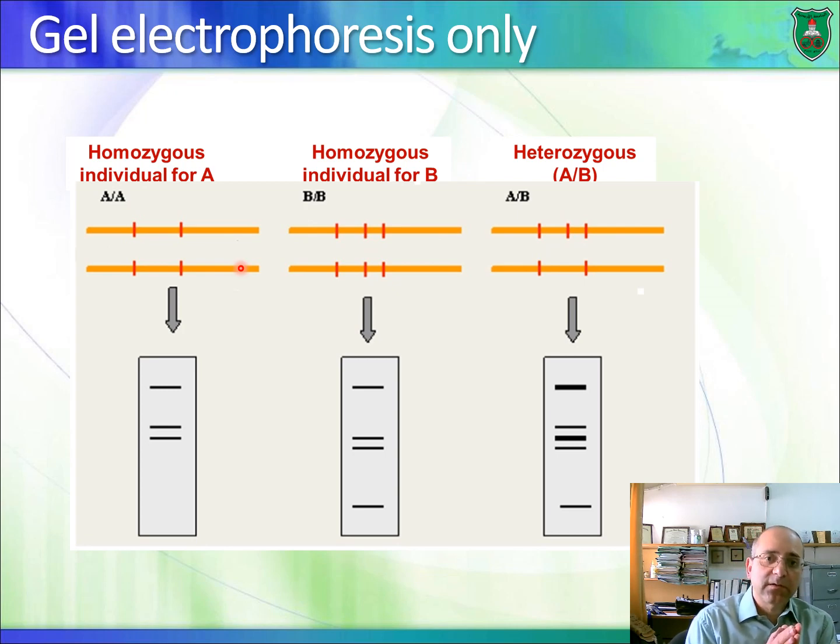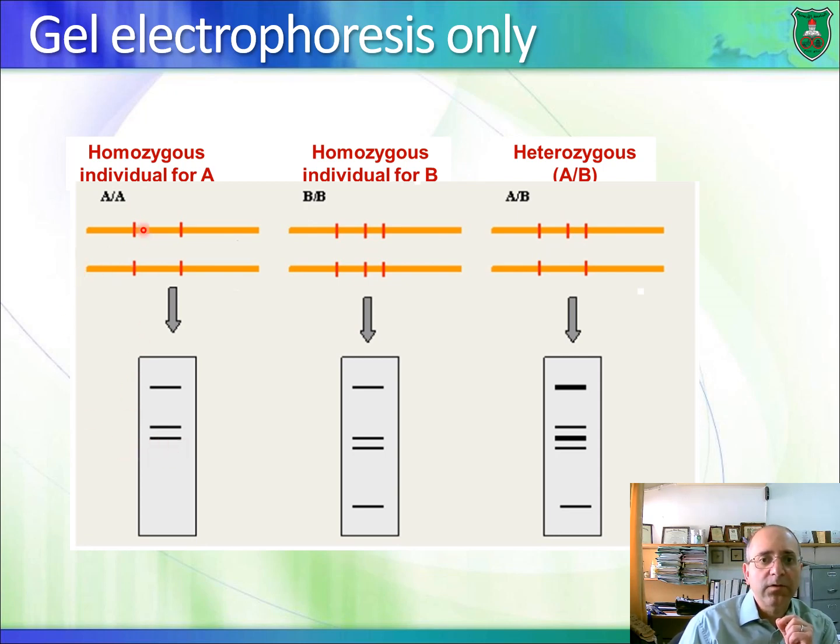Now it's not like the DNA fragments say, oh no, you're from mom, I'm from dad, we're going to be separate. It doesn't work this way. So the DNA fragments get mingled together, they get mixed, and they run within the same band mixed. So this one right here is the smallest, so it runs at this speed.